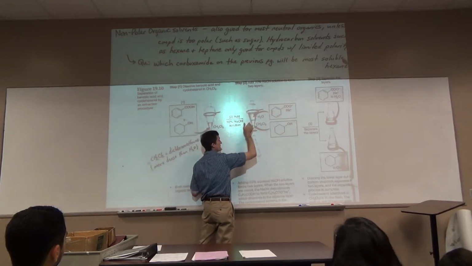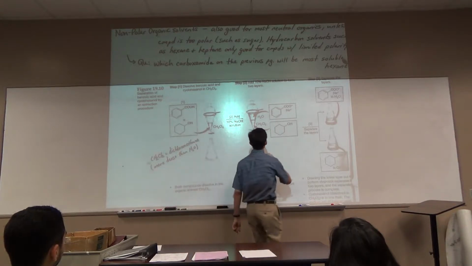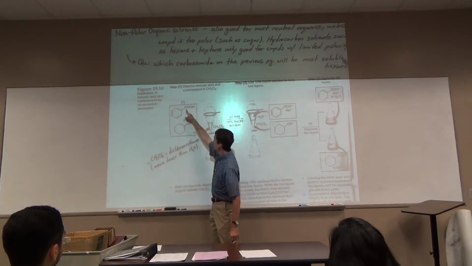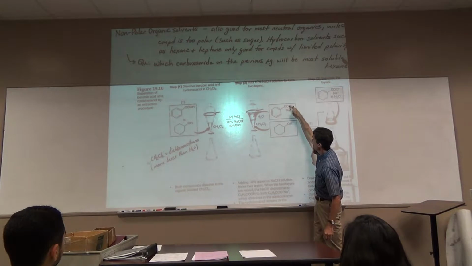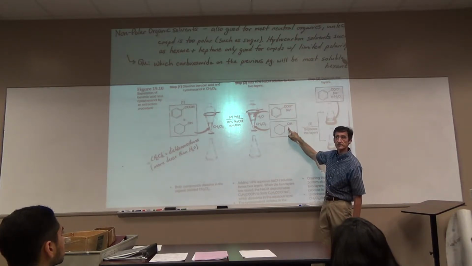Two layers in our separatory funnel. If we shake this up, chemistry will actually take place between the sodium hydroxide and the carboxylic acid. It will deprotonate it and make it an ion. It will not deprotonate the alcohol. The alcohol is not acidic enough. pKa about 16. Not acidic enough, right?